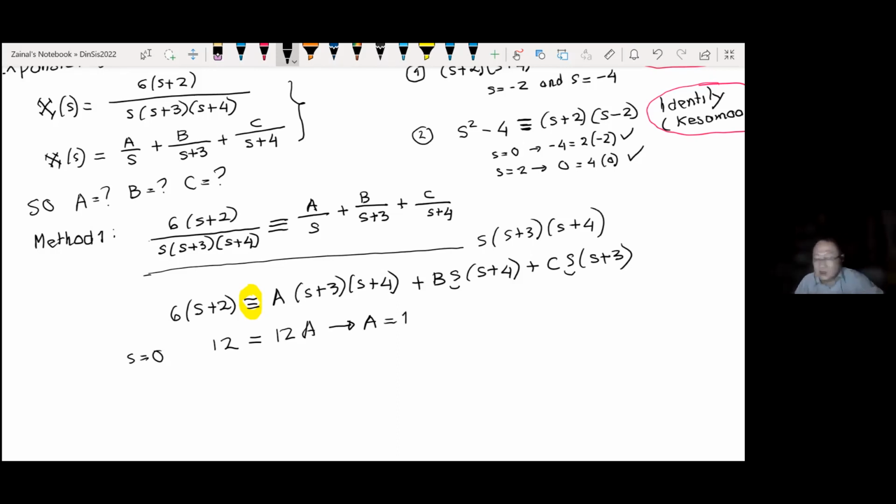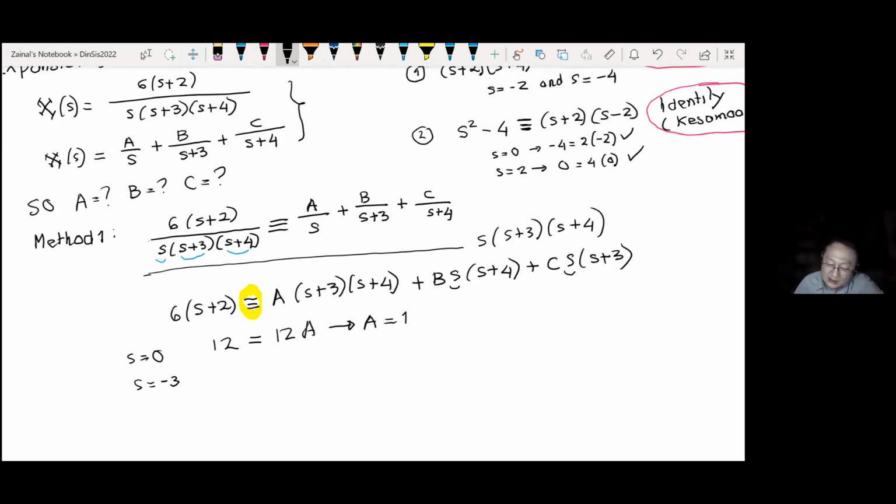Okay, you can substitute any value, but the easiest one, look, we have this one. The roots are s equal to 0, s equal to minus 3, and s equal to minus 4, right? So substitute s equal to minus 3.